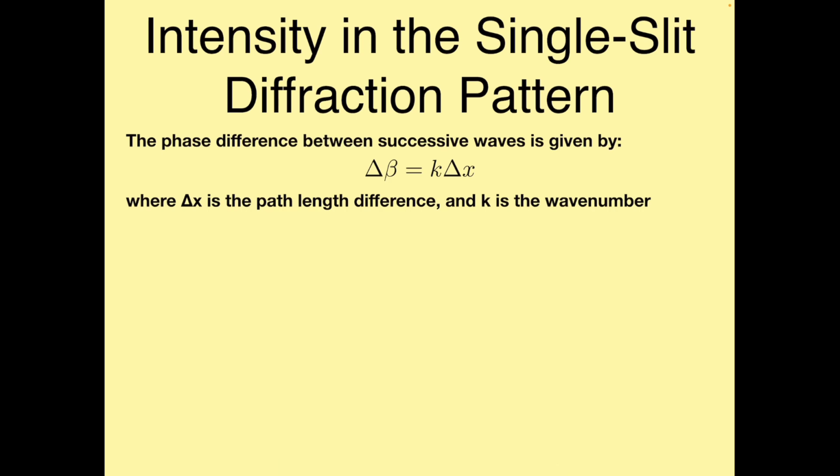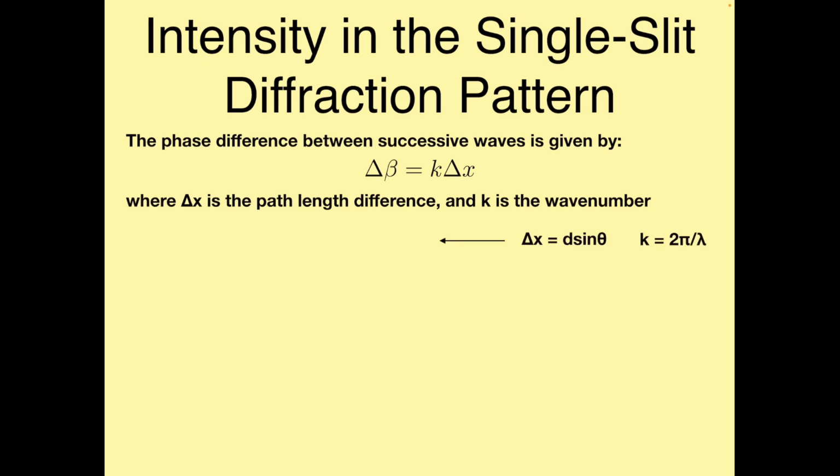That will give us the phase difference. So in this derivation, we're going to call that phase difference between the two successive waves delta beta. Okay, so that phase difference delta beta is k times delta x, where k is the wave number and delta x is the path length difference.